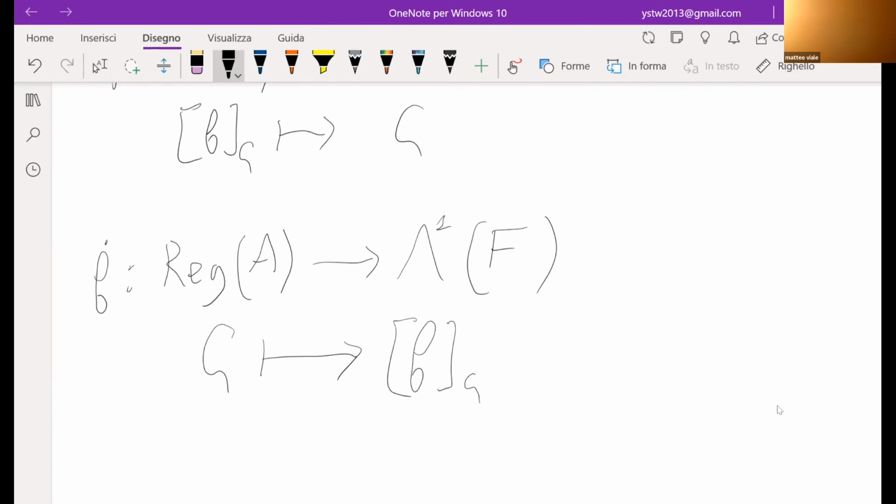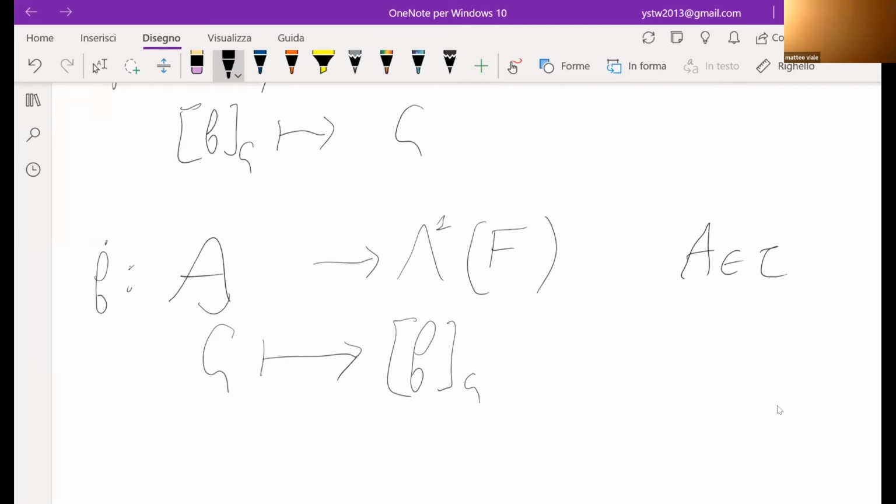So what does this map do? Well, it takes an ultrafilter, and actually, apologies, I don't have this restriction, so I can take A belonging to the topology.